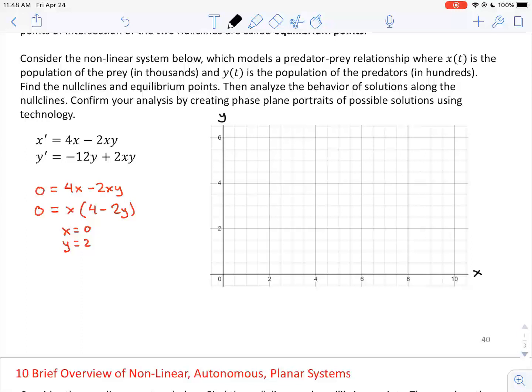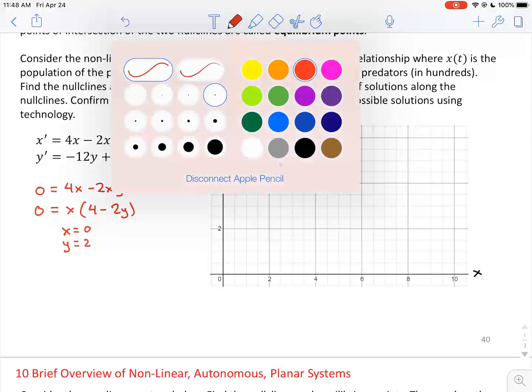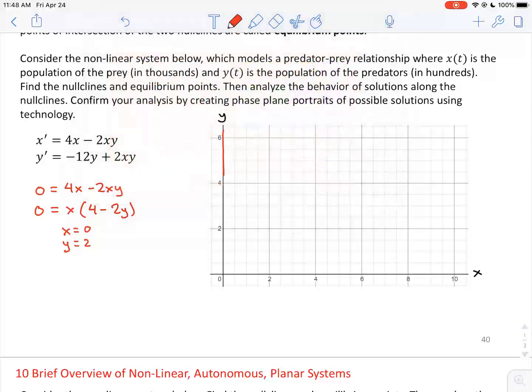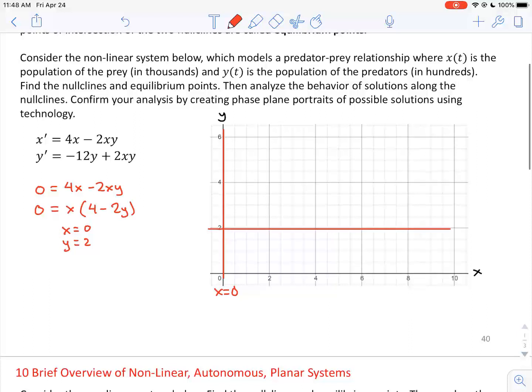X was in thousands, y was in hundreds. And if I were to graph x equals 0, that's essentially the y-axis. So x equals 0 is a part of our x nullcline, and then y equals 2 is another part. Now it's both of these parts. All of these points along the red vertical and the red horizontal line are said to be in the x nullcline.